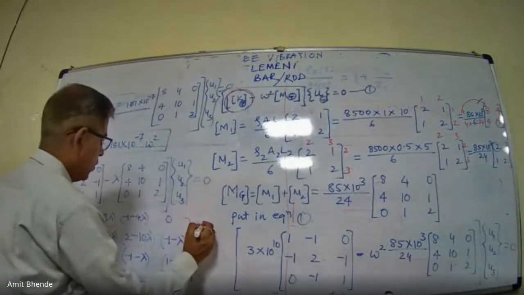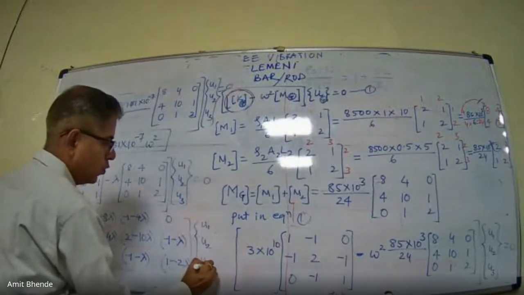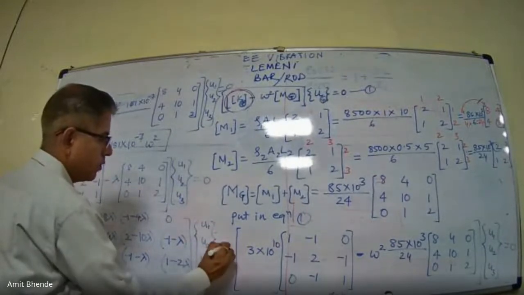And this is what u1 u2 u3 is equal to 0.